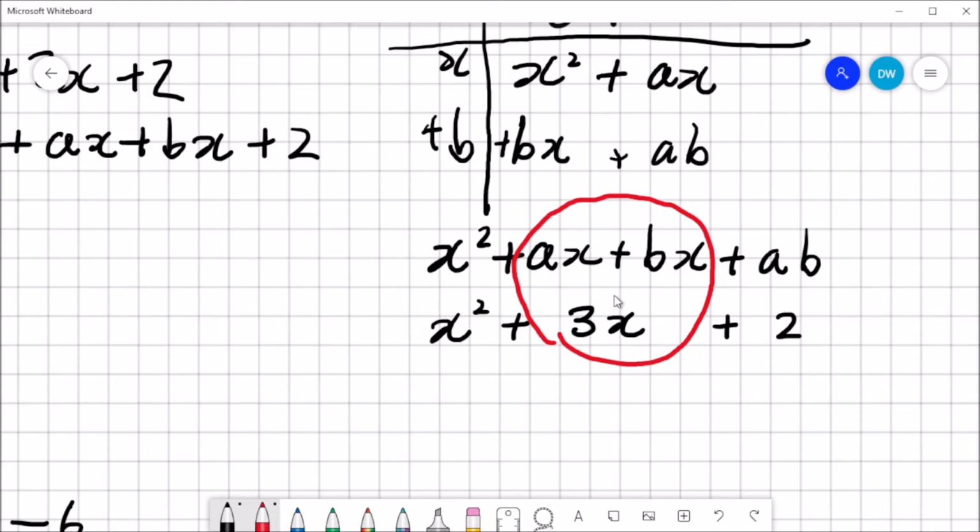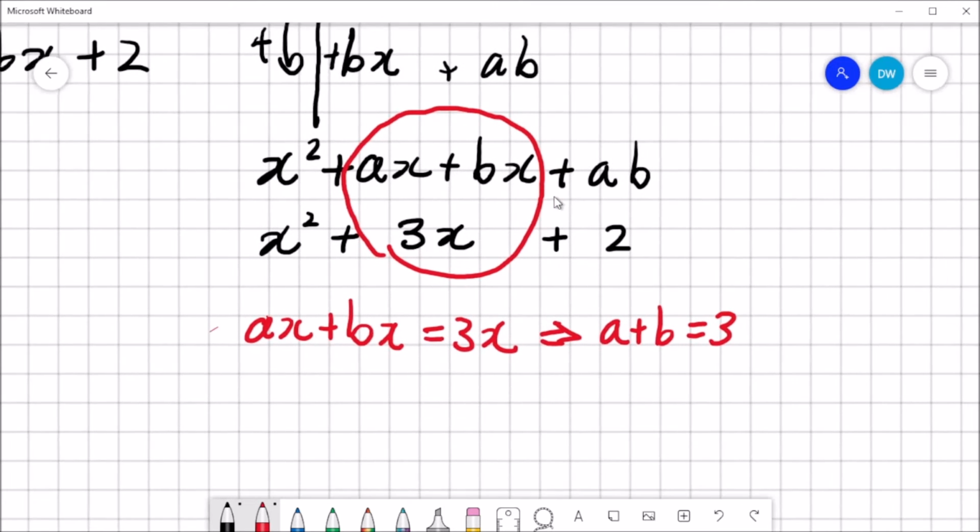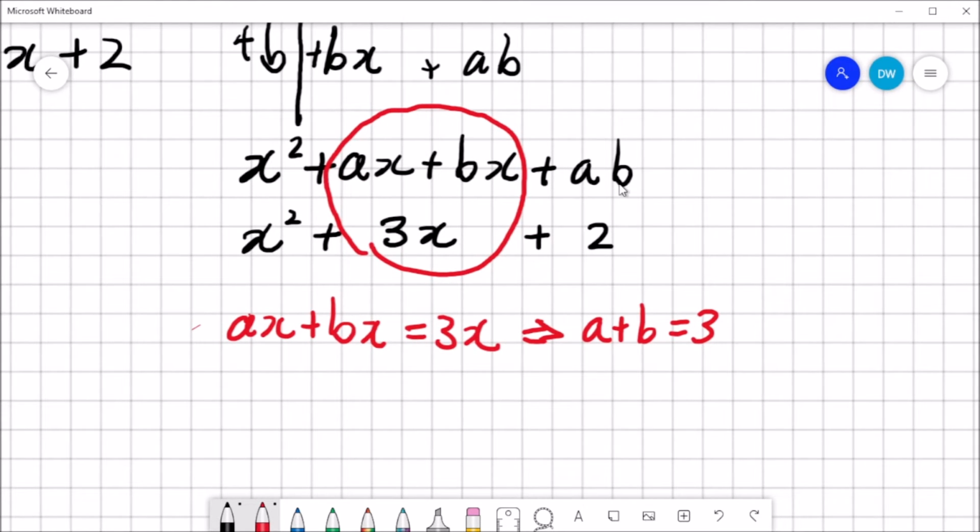So we need to record that ax plus bx equals 3x. Of course, that means a plus b has to be 3. And then secondly, a times b has to be 2.